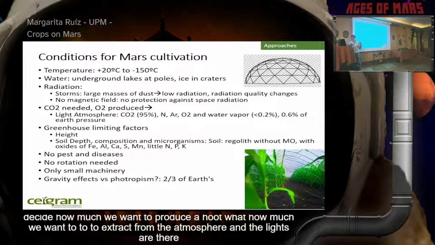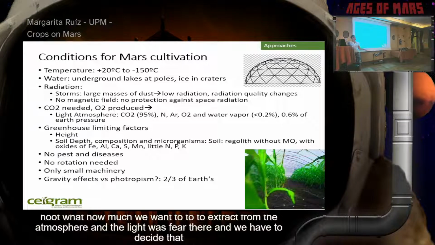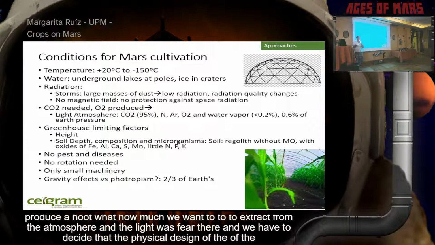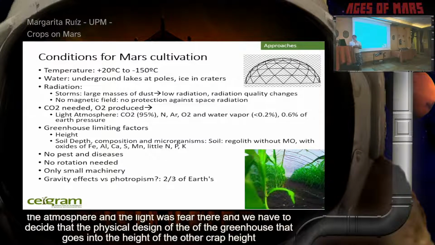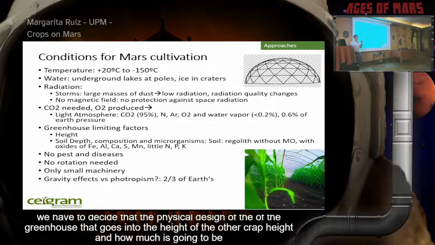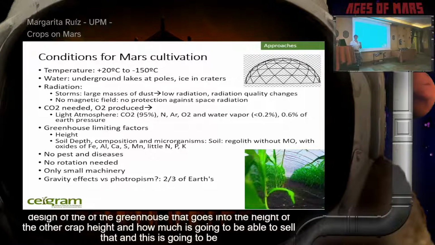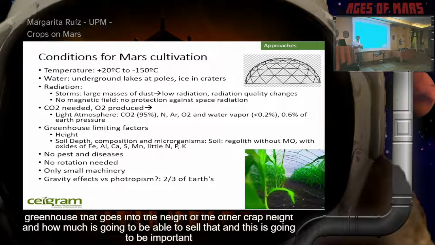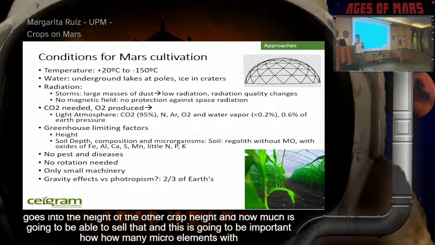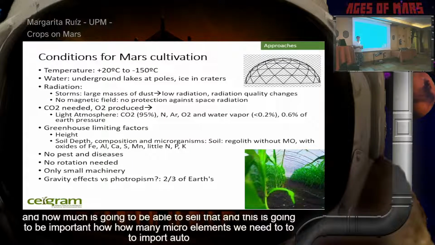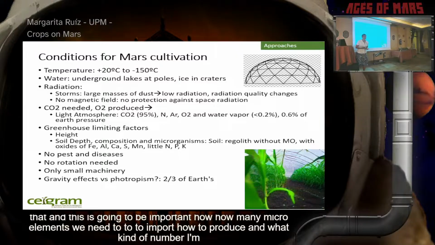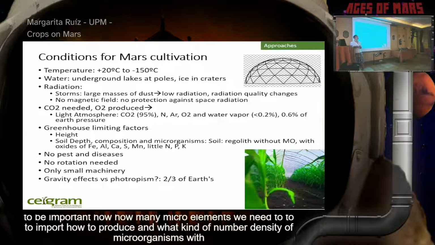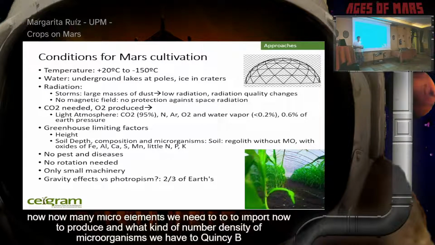And we have to decide the physical design of the greenhouse according to the height of our crop. How much is going to be our soil depth, and this is going to be important. How many microelements we need to import or to produce, or what kind and number and density of microorganisms we have to cultivate there, etc.